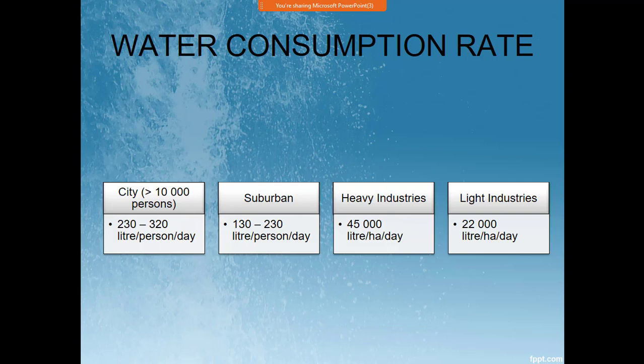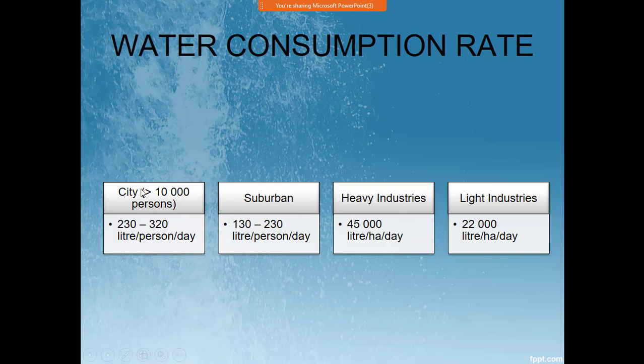That is in the city. In the suburban areas the consumption is lower, and that's normal because the lifestyle is different between the city and the suburban. For your information, the city figure also includes offices and everything.